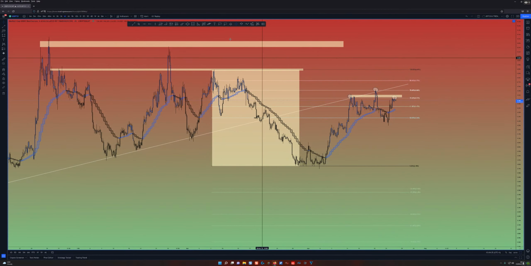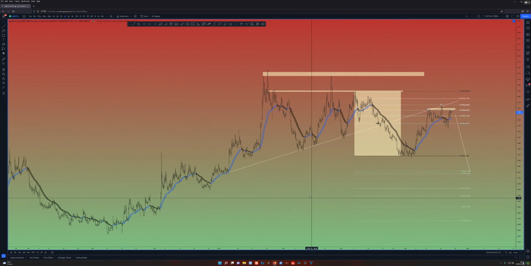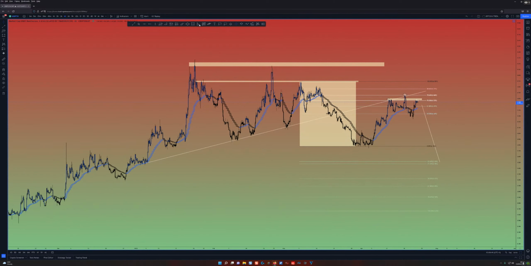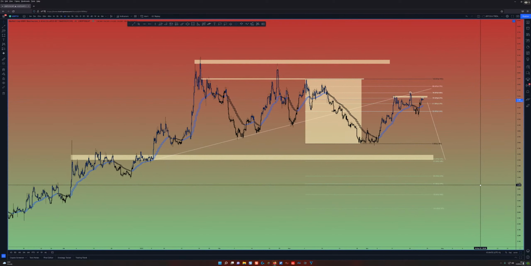So a possible projection could be down to here, and if we scoop out, we can potentially see there's an area here. So if we track this across, it's pretty much at that 23.6 level.